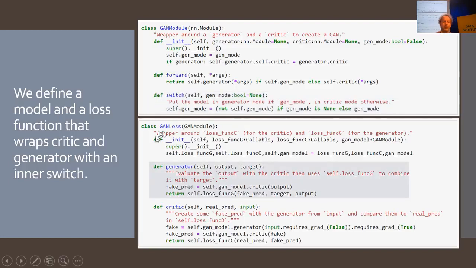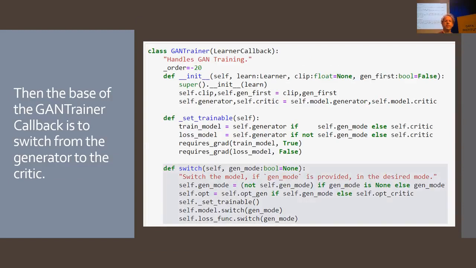Same thing, we created a loss function where there was a generator loss and a critic loss. Then we created a callback which had a switch that just switched the generator mode on and off, and passed that along to the model and the loss function I just showed you.